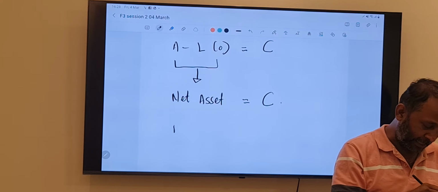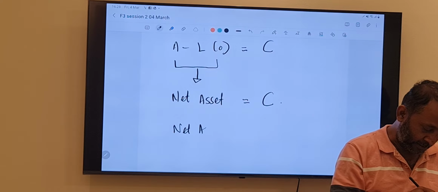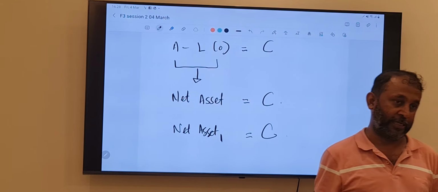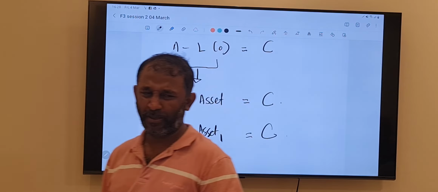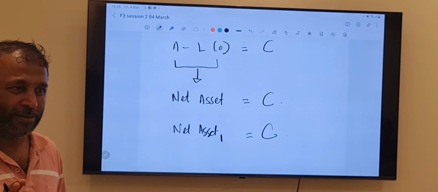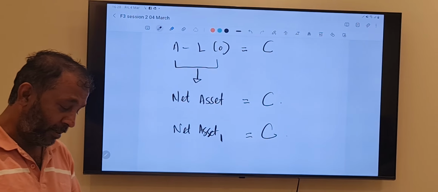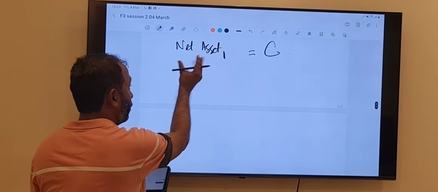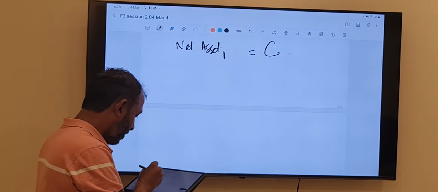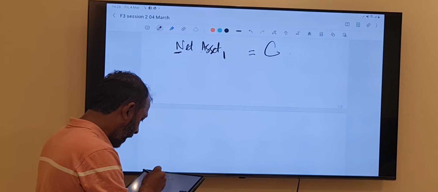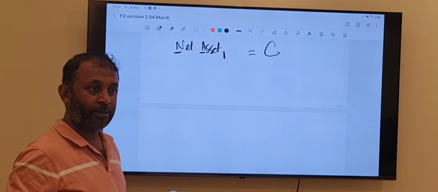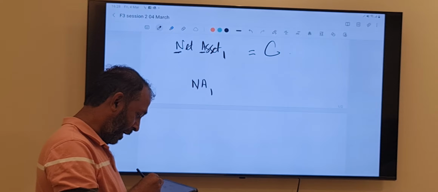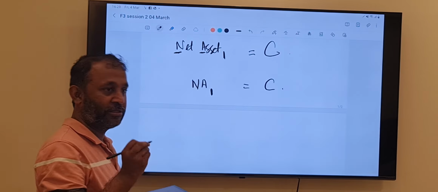So I write here net assets 1 is equal to C. That is just for the symbols. Don't worry about it. And I can write it in short. I will take the first letter of this word and the first letter of this word. How will I write them? NA. NA1 is equal to C.